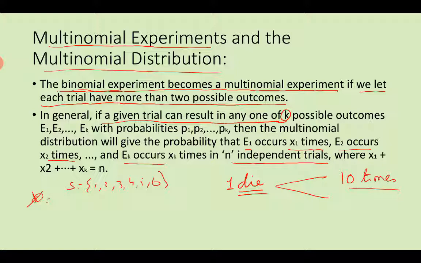Assuming that the first 3 times you are getting 2, 2 times you are getting 3, and 1 time you are getting 4, 3 times 5, and the last time you are getting 6. Is it 10? 3, 6, 9, 10.